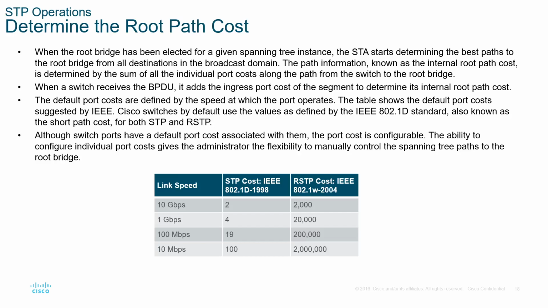Although all the switch ports have a default port cost associated with them, this port cost is configurable. That basically means we can change the port cost to a value that we want. So we can manipulate these values to make a certain link or a certain path preferred based on how we want to create the actual forwarding topology.